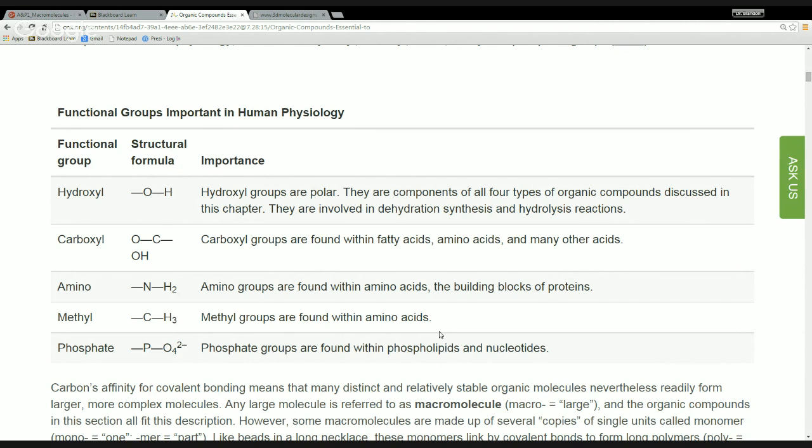Nonpolar. Right, nonpolar. What does that mean? Equal. Did you say equal? Yeah. We'll work with that because that's the important word.